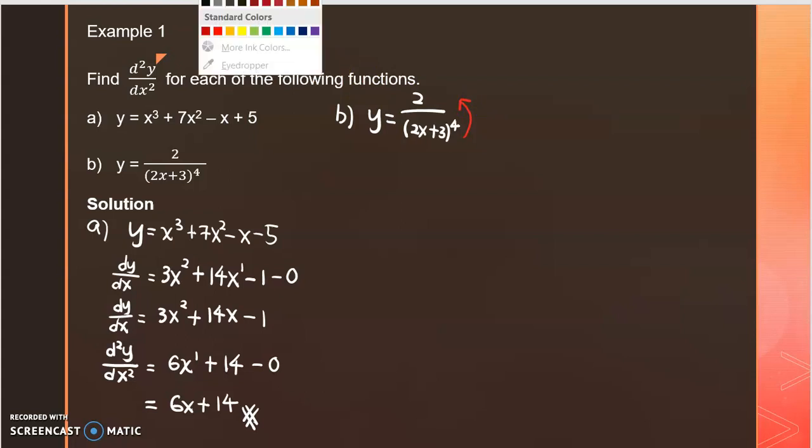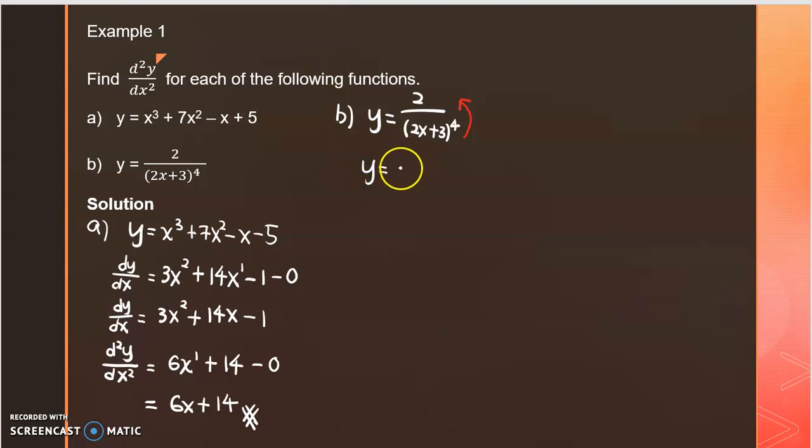So next step, I will have y is equal to 2 multiplied with (2x plus 3) to the power of negative 4. So first, I will differentiate the index. Second, I will differentiate the bracket. So in my first step, dy/dx. Again, bring the index up front.